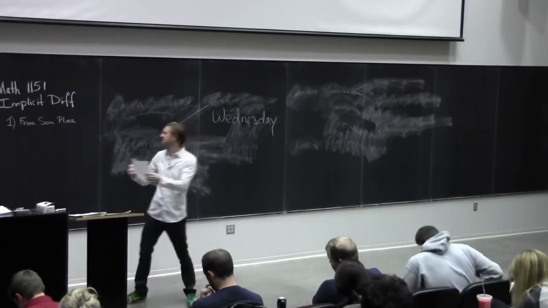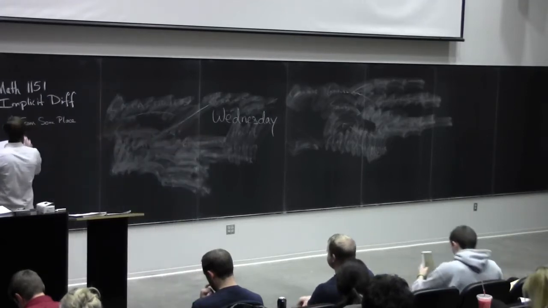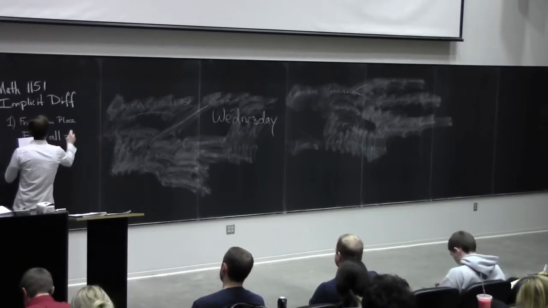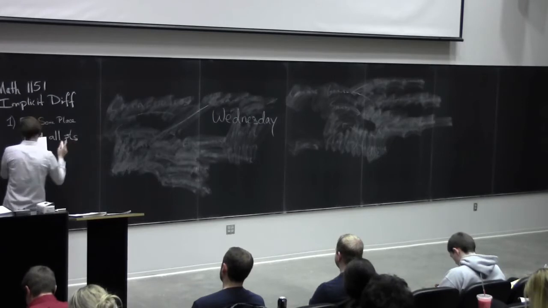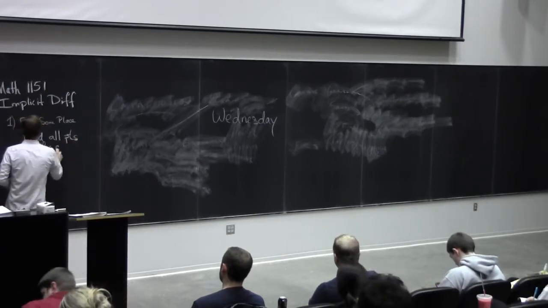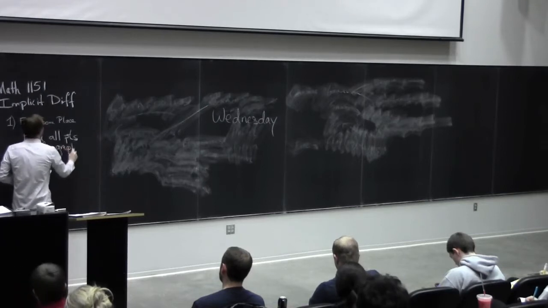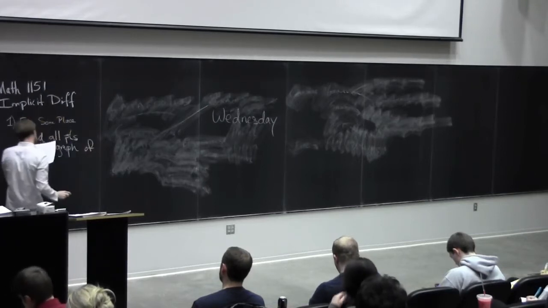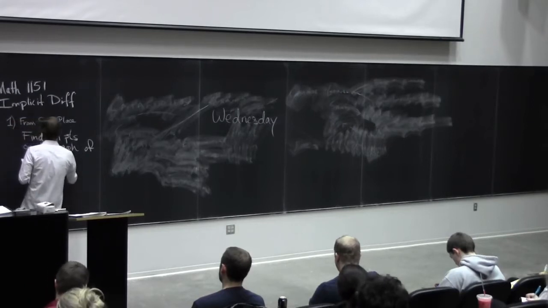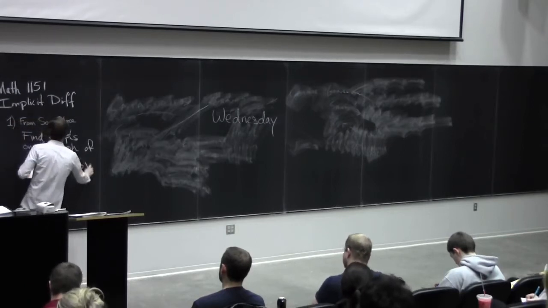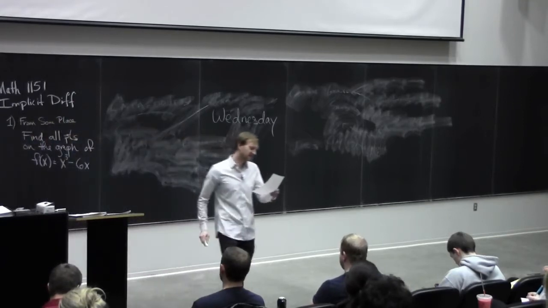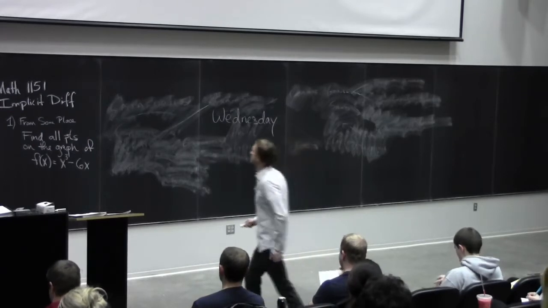So the problem is, find all points on the graph of f of x equals x cubed minus 6x, where the slope of the tangent line is minus 3.